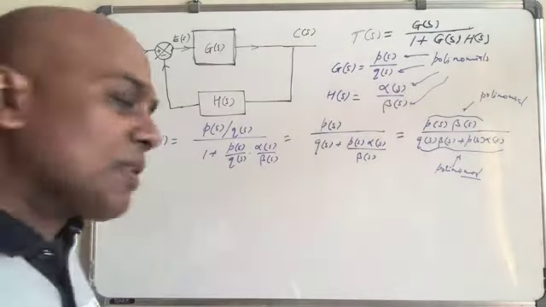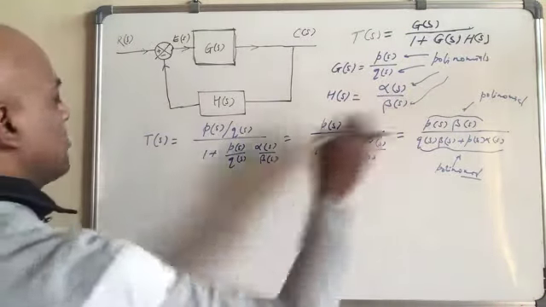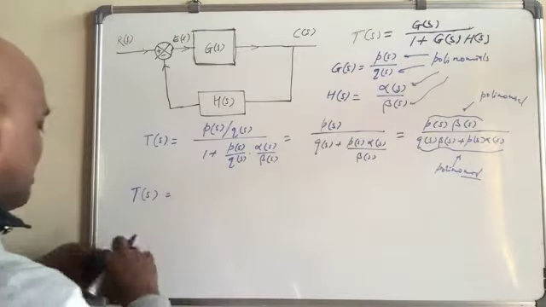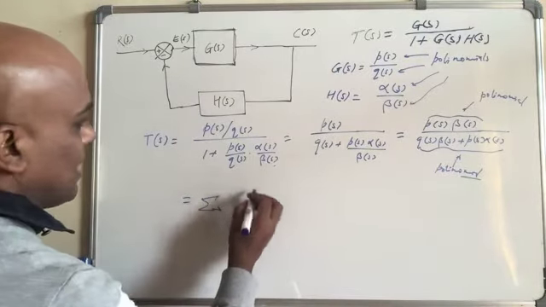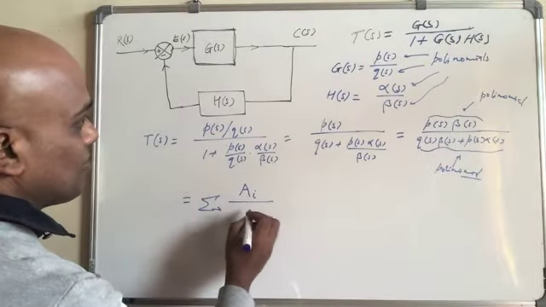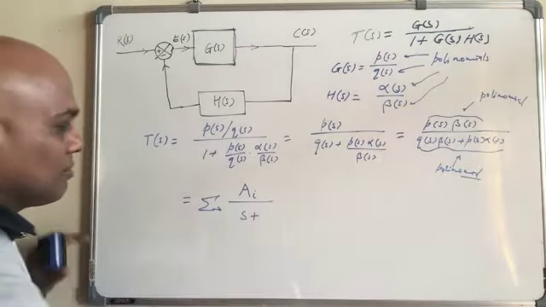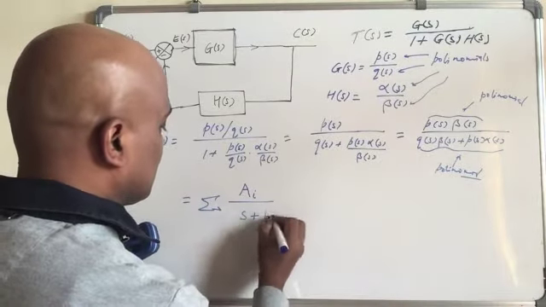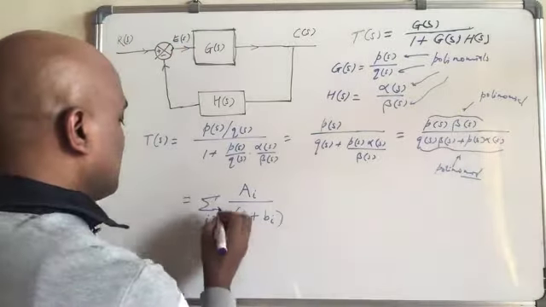Now we have to look at what form we want this to be in. So for T(s), if you are lucky and the system is very simple, whatever you are getting we can just write in terms of a summation of A_i divided by s plus some value, let's call it B_i, where i goes up to n.